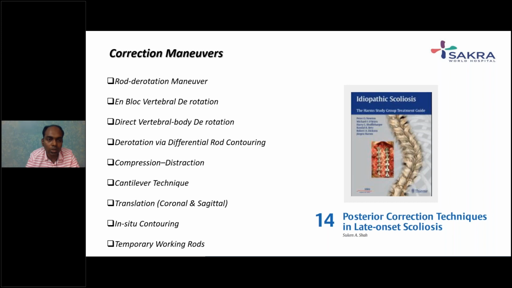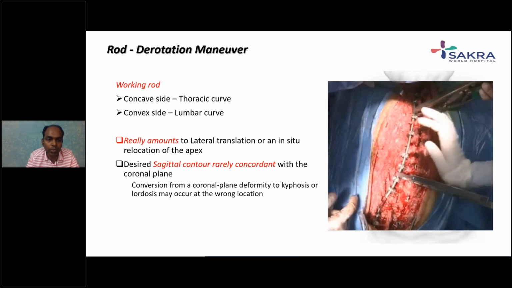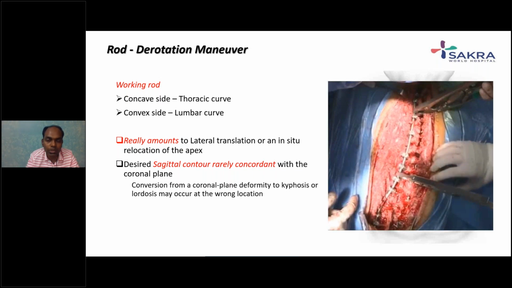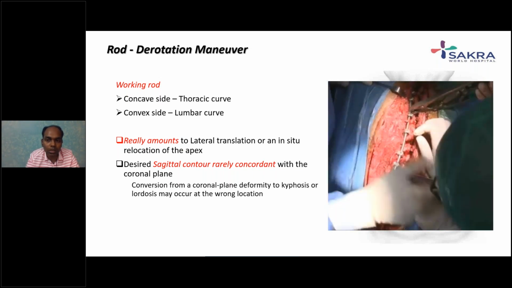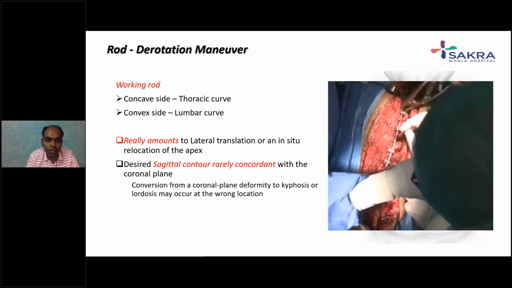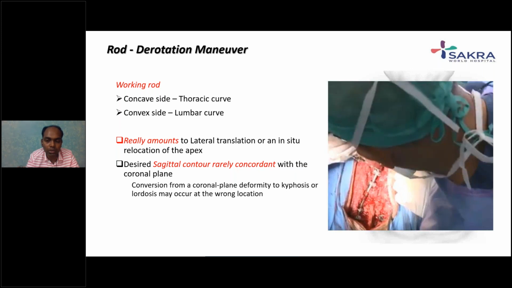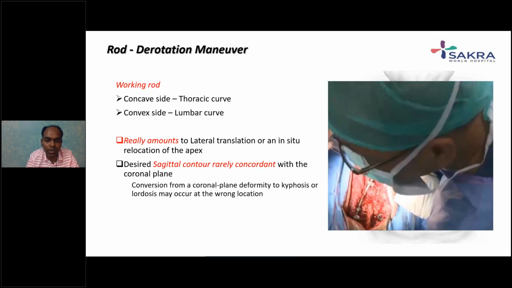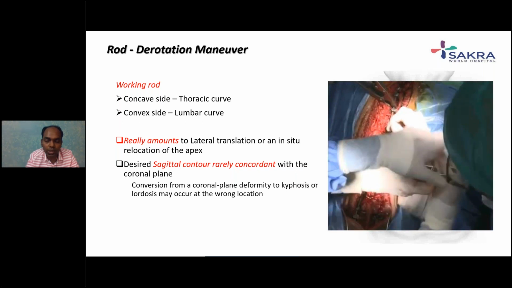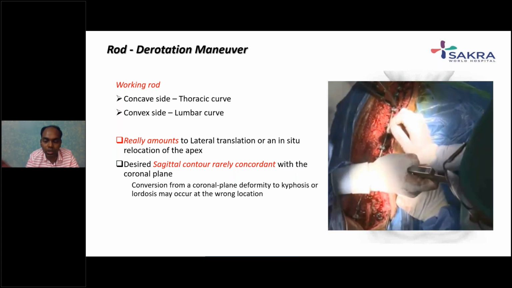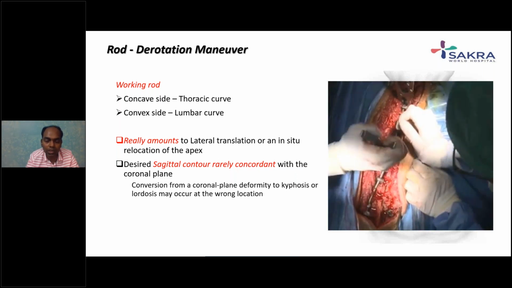This is the rod derotation maneuver, which is the most commonly used maneuver by most scoliosis surgeons as the first primary maneuver. The thing is that it's a working rod. We call it a working rod because the particular rod will be manipulated so as to attain deformity correction. In this, the working rod is the concave rod for a thoracic curve and the convex rod for the lumbar curve.